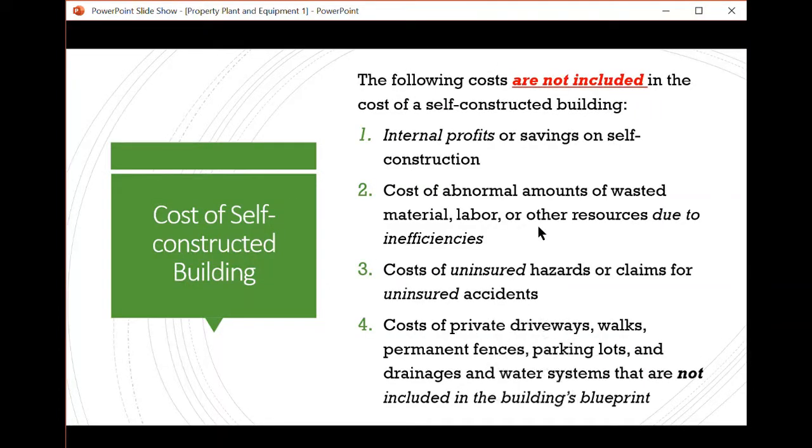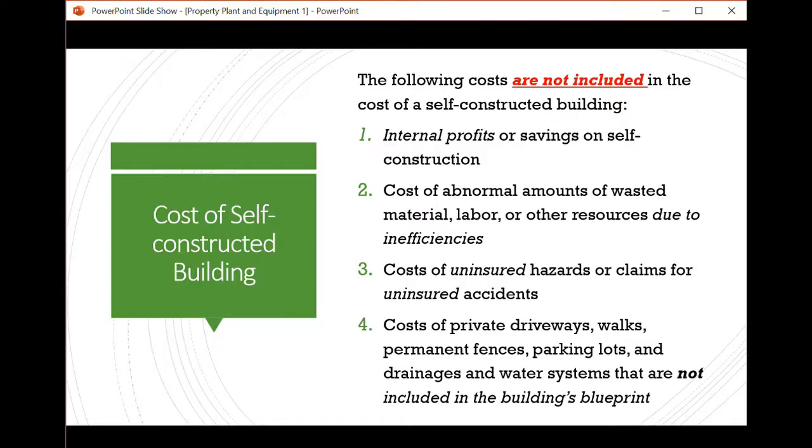Okay? Then you have cost of private driveways, walks, permanent fences, parking lots, and drainages and water systems that are not included in the building's blueprint. But if they are part of the blueprint, pinaningan na siya sa inyong overall planning, this will be part of the building. Okay? Di ba dapat prior man siya? Di ba tong ruling usually is prior to the completion?